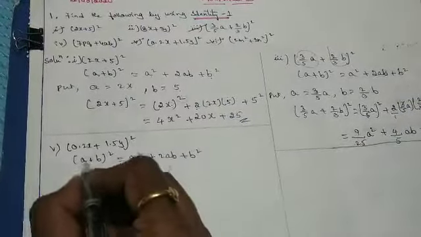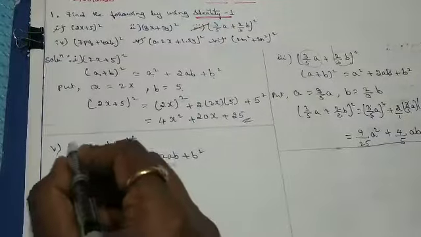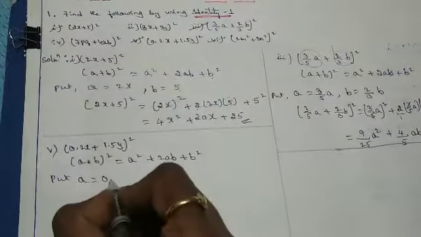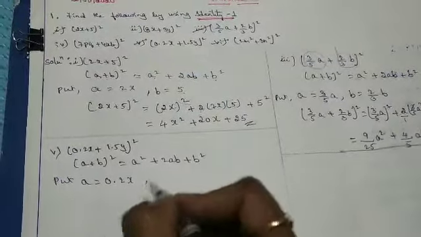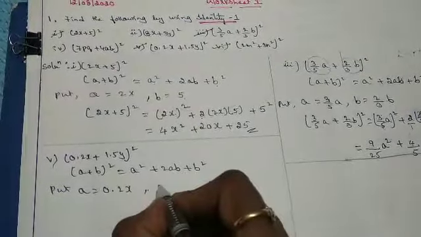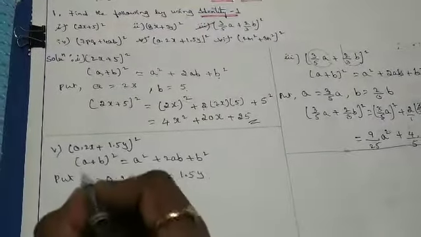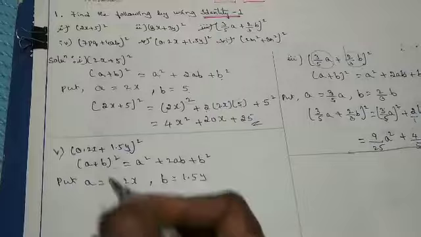Now compare, children. Put a equal to, compare what will be the a value? 0.2x. Our assumption is a is nothing but 0.2x. For b, our assumption is b equal to 1.5y, right? Now apply this a and b value in the identity.